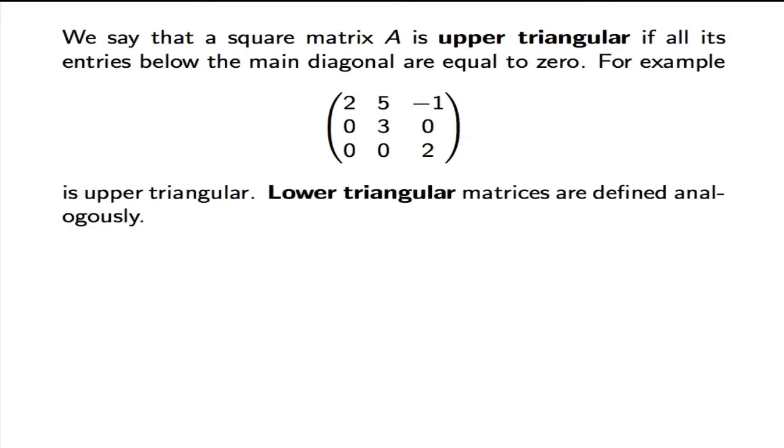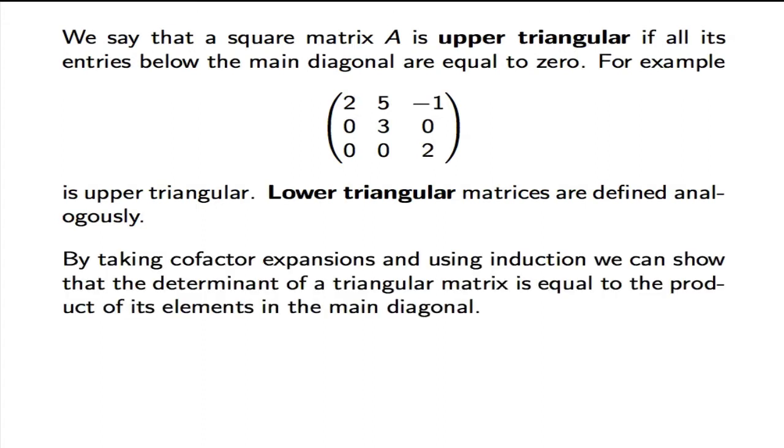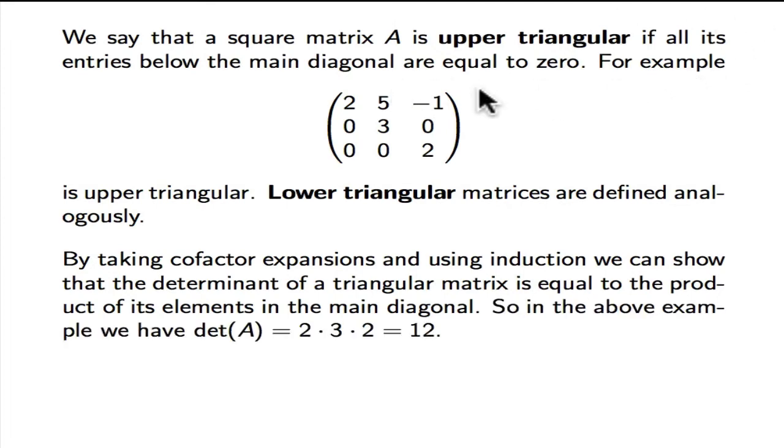And lower triangular matrices are defined analogously. And by taking cofactor expansions and using induction, we can actually show that the determinant of a triangular matrix is equal to the product of its elements in the main diagonal. So here the determinant of A is 2 times 3 times 2, which is equal to 12.